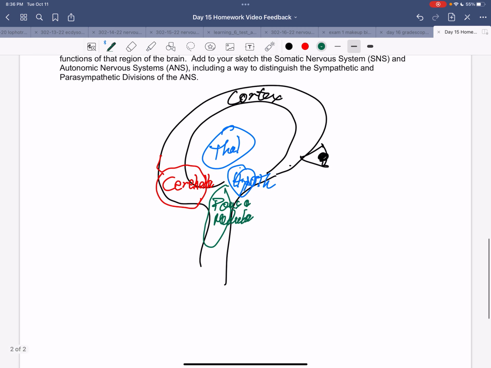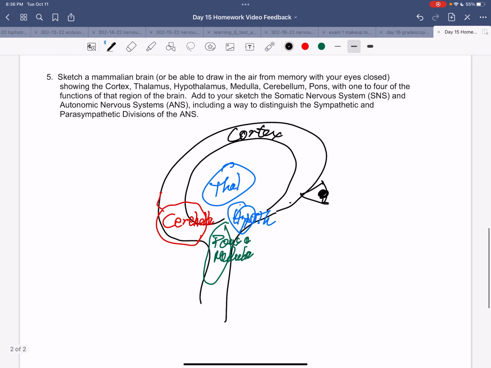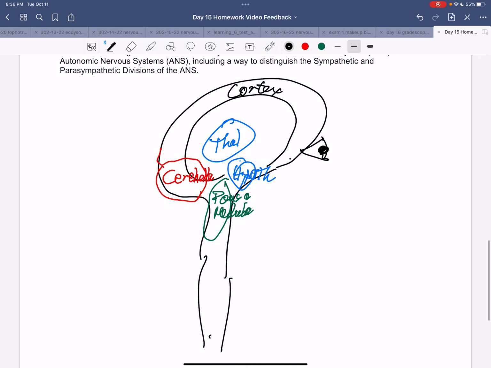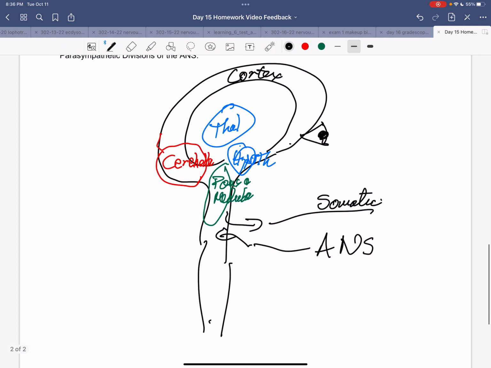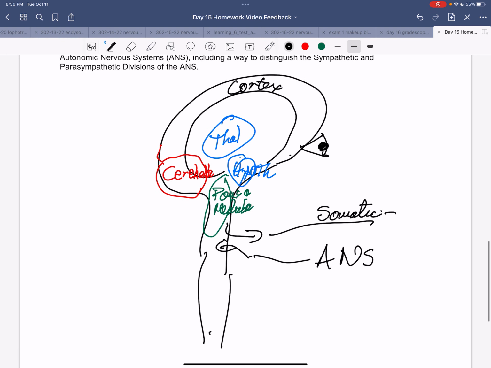And then the spinal cord down below, and going both out and in, we'd have the somatic nervous system, and autonomic nervous system.